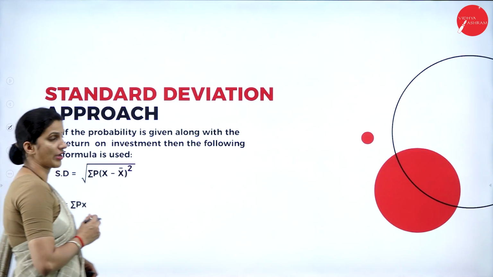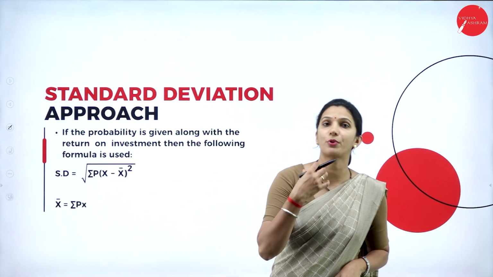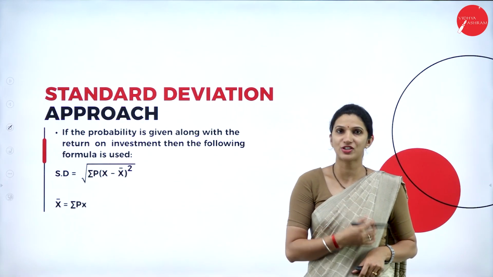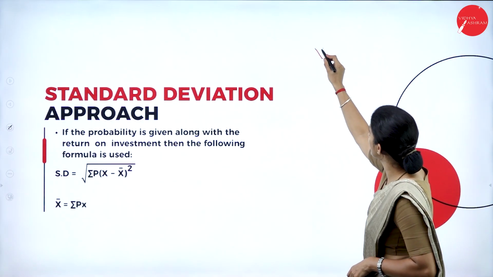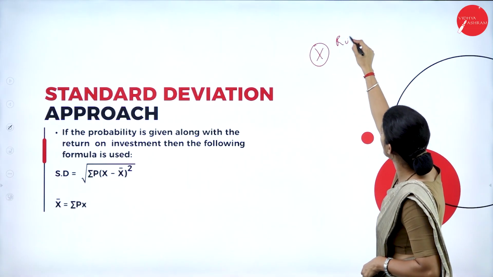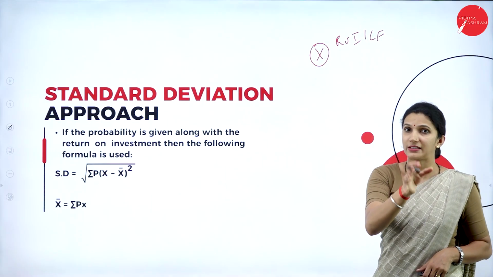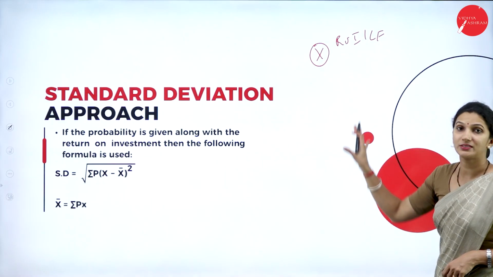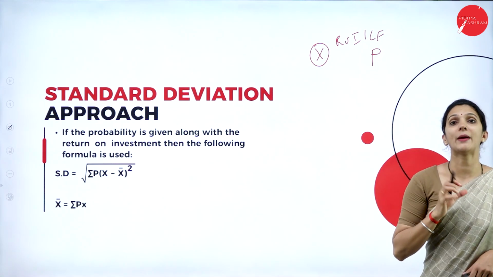The second situation is where we calculate the standard deviation when the probability is given in your question. So here what happens in your questions, you will have x. That x may be the ROI or any expected cash flows or anything. So that will be considered as x. Along with this, you will also have the probabilities.